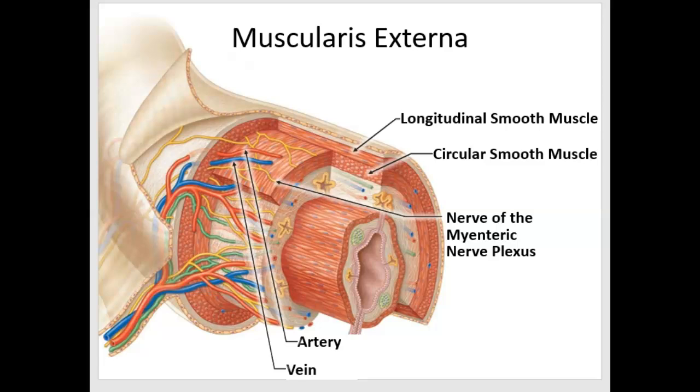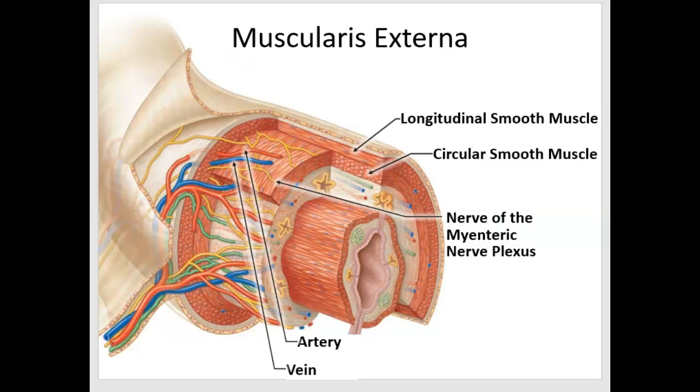Okay, our third layer is the Muscularis Externa, and as its name implies, it's composed of smooth muscle. There's two layers, a longitudinal layer and a circular layer. In the stomach, we'll see there's an extra layer, but generally there's at least two layers, longitudinal and circular, so that contraction can happen in two different directions.